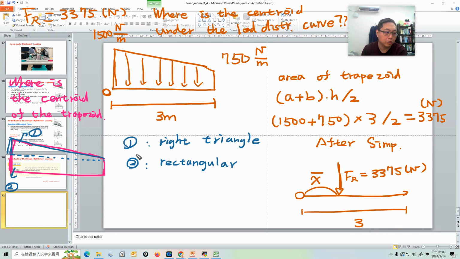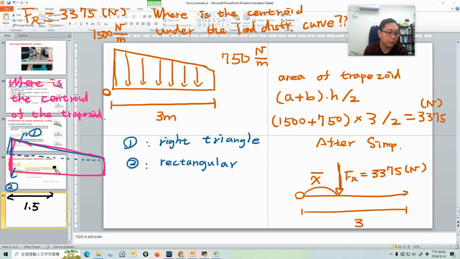Next, we determine the centroid of area 1 and the centroid of area 2. The centroid of area 2 is very simple because it is a rectangle. The centroid of the rectangle should be here, at half. That means this must be 1.5, because the total is 3.